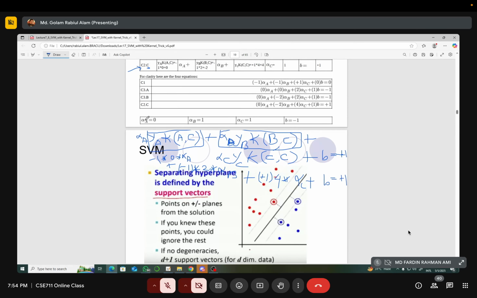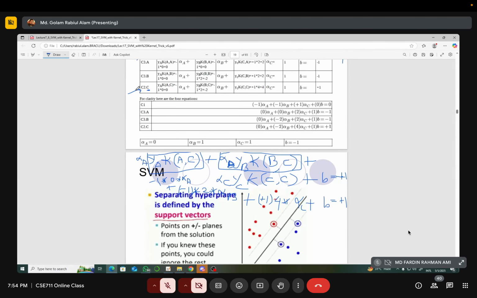So now we can see this equation. yA KAC: -1 times 0 is 0. So here is the 0, and then alpha A plus. The next part is -1 times 2, which is -2, so the second part is -2 alpha B plus.